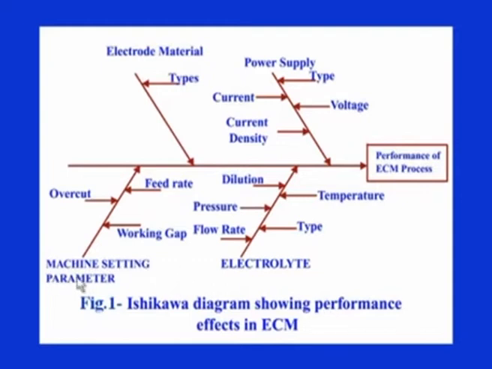Then as far as the machine setting parameters are concerned, the overcut, the feed rate, the working gap, how they are to be maintained. As far as the electrolyte is concerned, the flow rate of the electrolyte, pressure of the electrolyte, dilution of the electrolyte, temperature and type of the electrolyte might affect the performance of an ECM process.